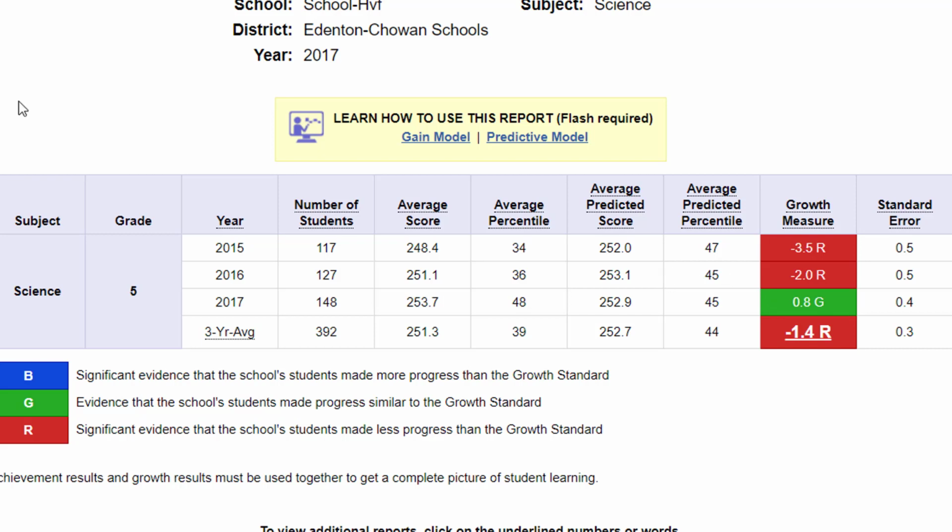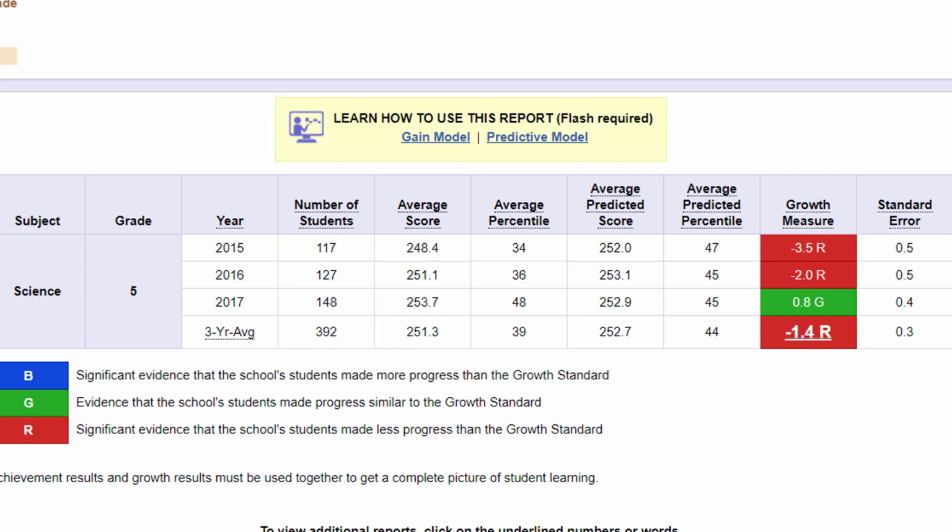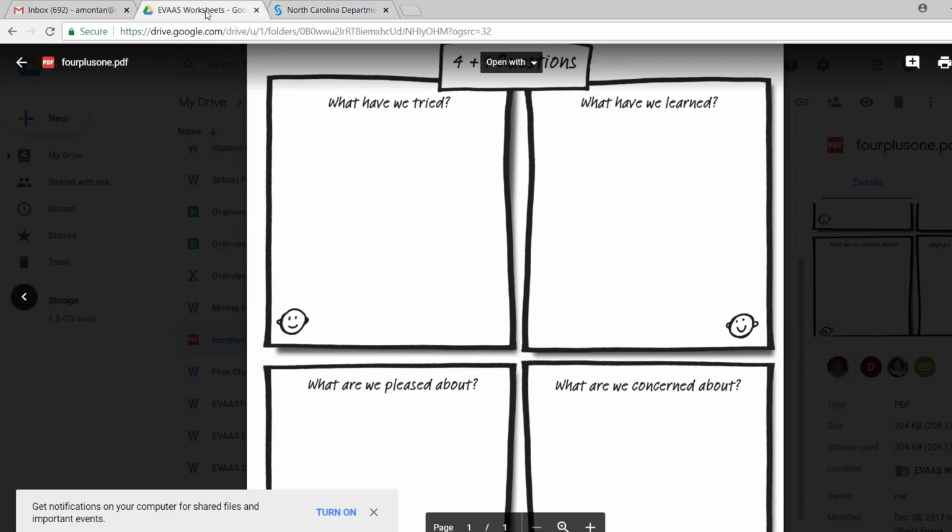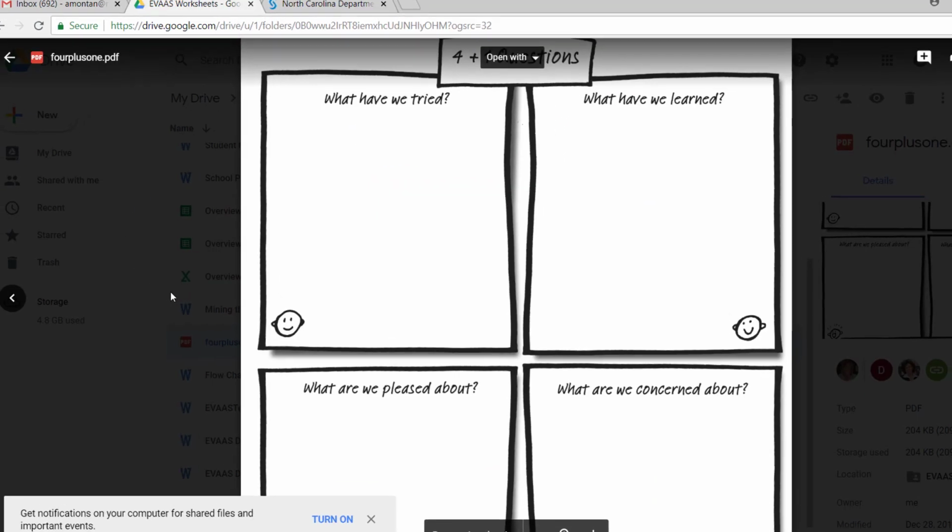Once you have looked at your value-added reports in each grade or subject within your school or within your district, depending on what your position is and what data you're analyzing, you then want to take some time to reflect on what you see. One thing that you can do is use some sort of graphic organizer.